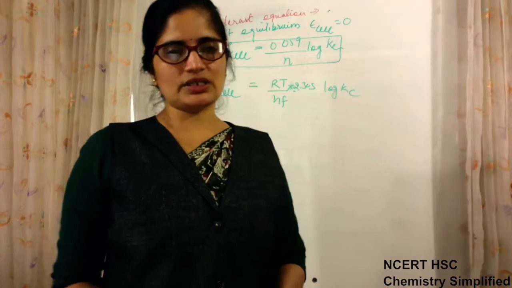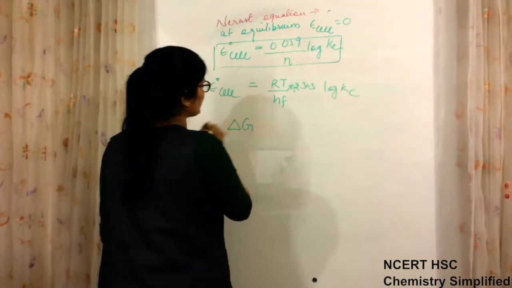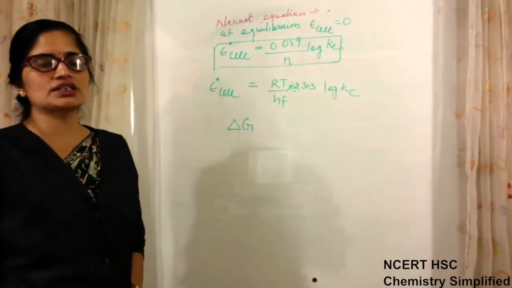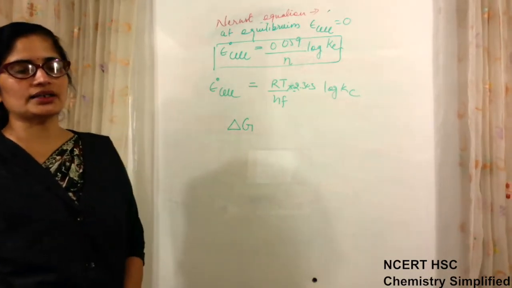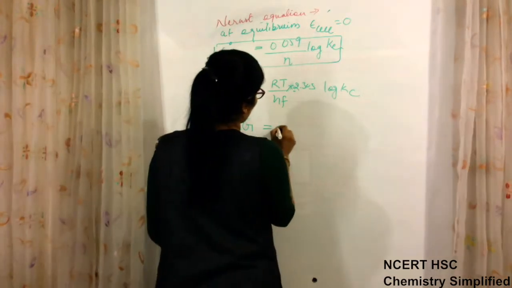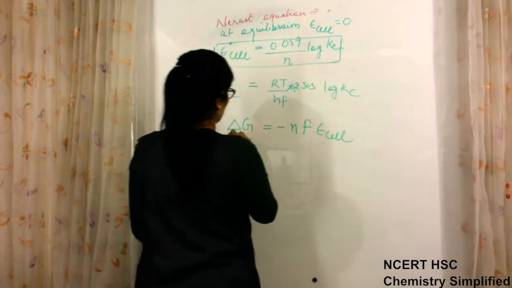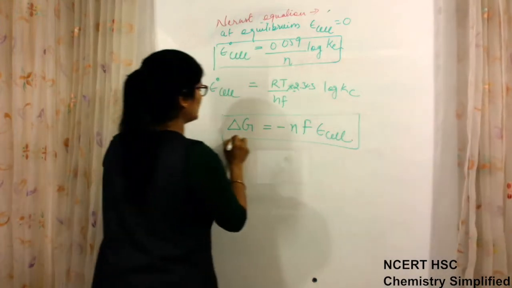One more equation is used in this chapter, that is related to delta G, the Gibbs free energy. We know for the spontaneity of any reaction, delta G for the reaction should be negative. So delta G is given by minus nFE cell. This is the equation. Derivation is not needed.